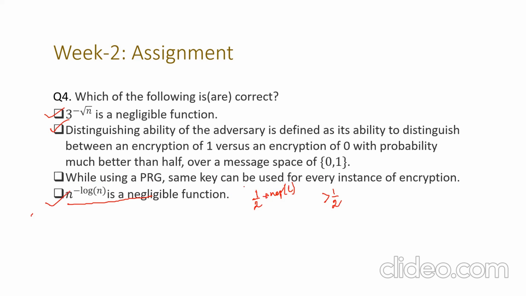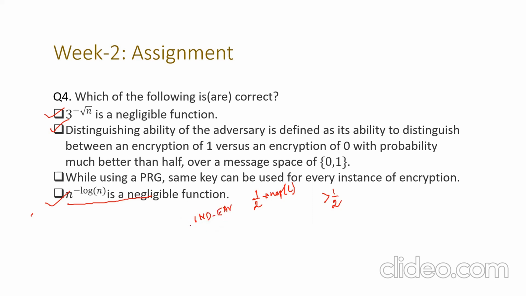So is this a correct statement? In the chat? Sarah is saying yes. So yes, it will be secure, but then we need to see whether we are talking about single message NDAV security or multi-message NDAV security.